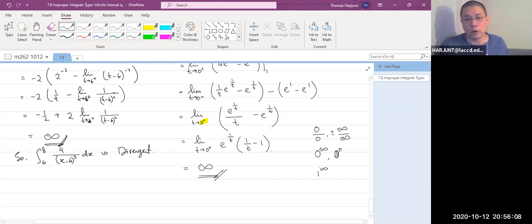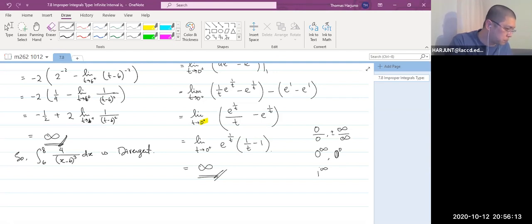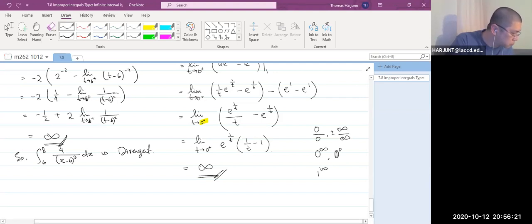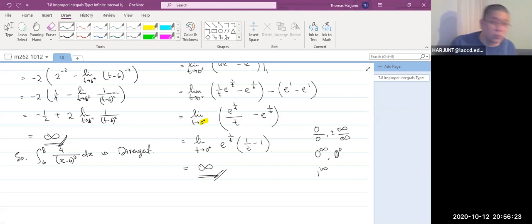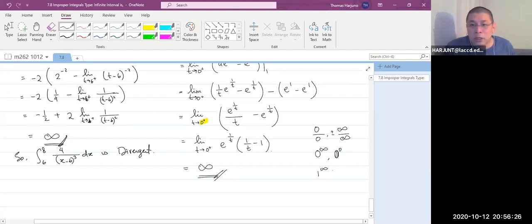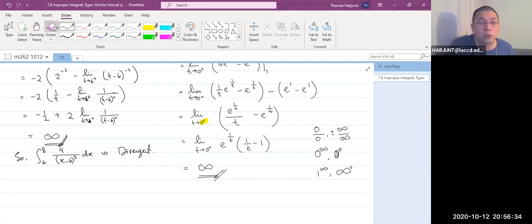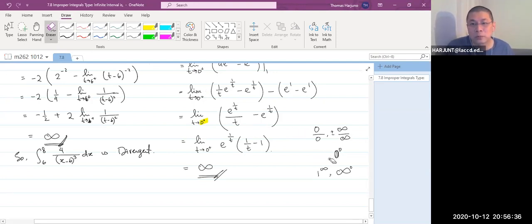Maybe infinity to the 0 also. I forgot which case. Let me take a look. Oh, 0 to the infinity is not one of them. And of course the other one is infinity minus infinity. That's another indeterminate form.